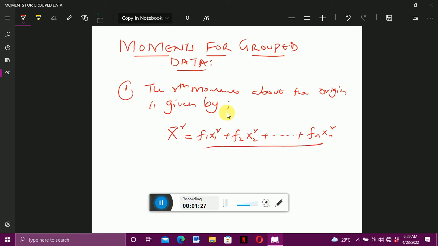All this divided by the sum of the frequencies, that is f1, f2, all the way to fn.